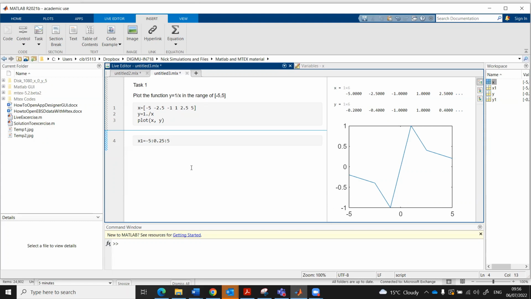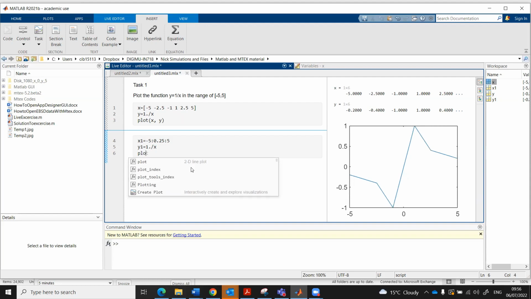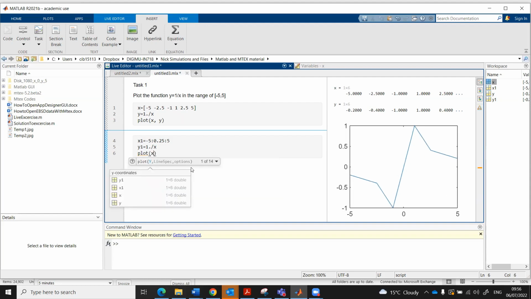The rest of the things are more or less the same. I am telling that y1 is equal to 1 dot slash x. So I remember that I want to divide 1 by every element of my array, and then I am plotting it, x1, comma.